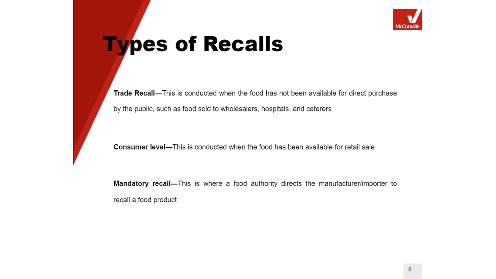So as I said before, food is normally recalled, and we find out about that through some form of report or complaint, and that could be from manufacturers, retailers, consumers, or it could be from the organisation doing their own testing or auditing. Now, when we recall food, we classify that according to the problem.